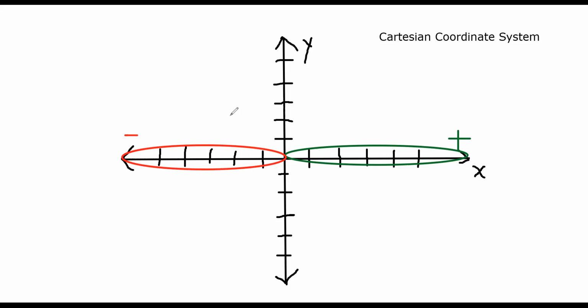Along the y-axis, where are your positive numbers? Above or below? Above, for sure. So here's all your positive numbers on the y-axis. And so all your negative numbers are below.